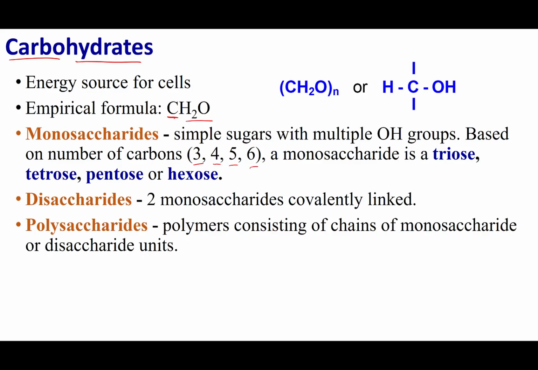When we make a carbohydrate, we usually call them monosaccharides. Based on the number of carbons it has, we classify what type of monosaccharide we have. So if it has 3 carbons, we call that a triose, 4 a tetrose, 5 a pentose, and so forth. Another name for monosaccharides is simple sugars.